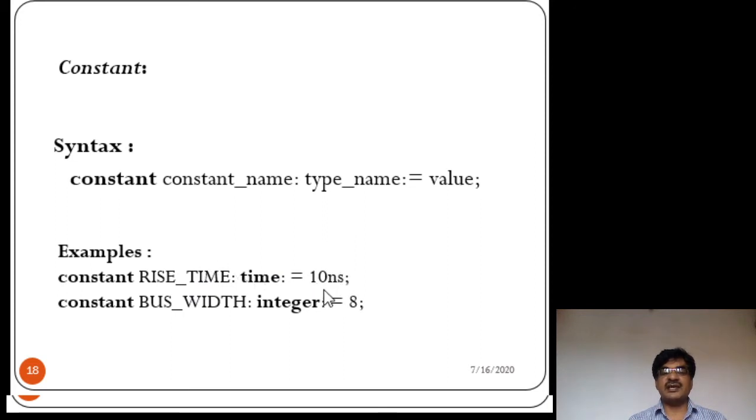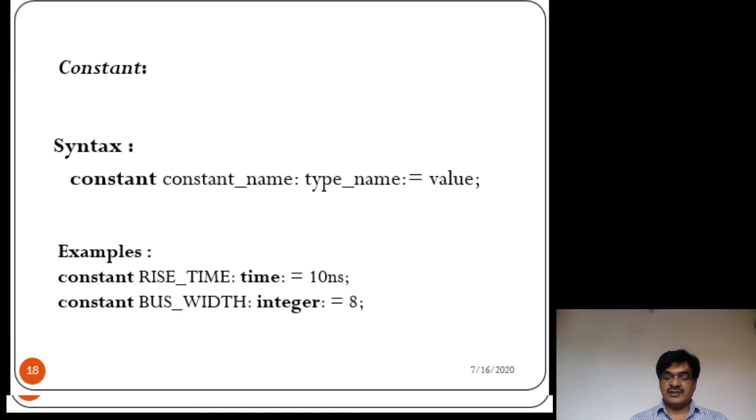The value once assigned may not change. The second example is constant bus_width colon integer colon equal 8. That means bus_width is a data object of constant class which can hold integer type of data. Here the value 8 is assigned to the object bus_width.